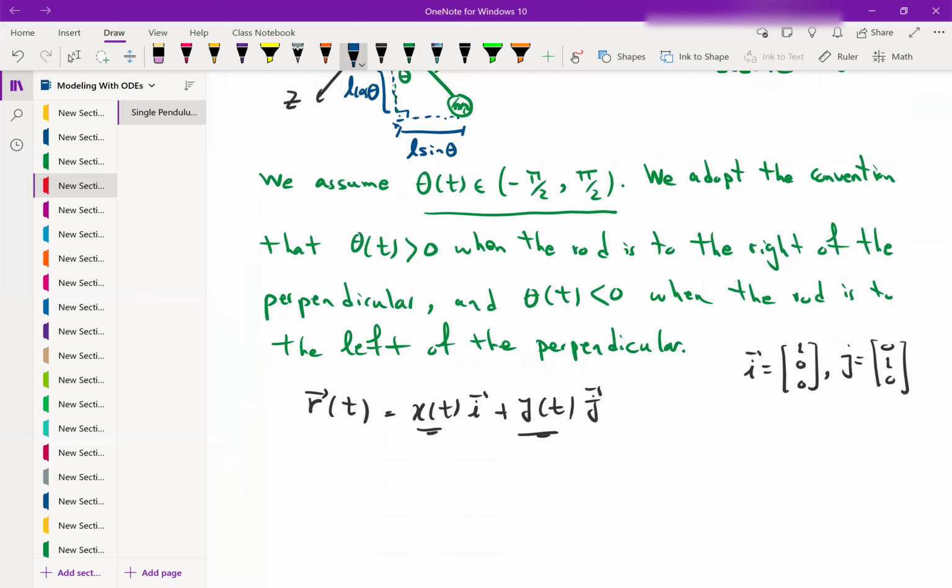So here, this is our formula for r of t, with x of t equals L sine theta of t, and y of t is equal to negative L cosine theta of t. And I want you all to notice that this agrees with the way we set up the coordinate system and the convention we had for the sine of theta.